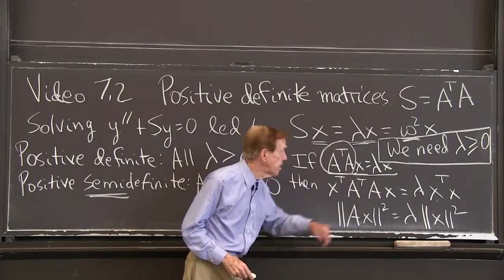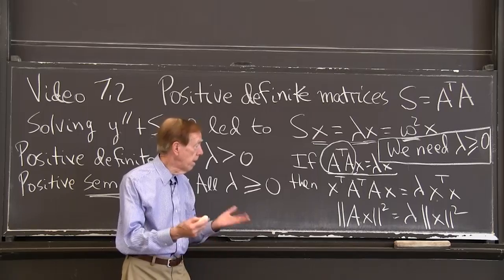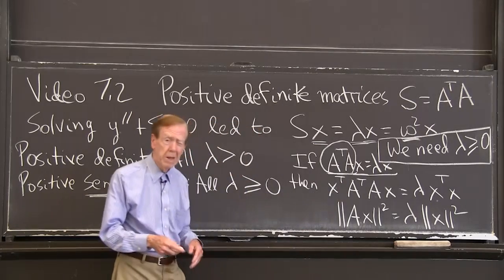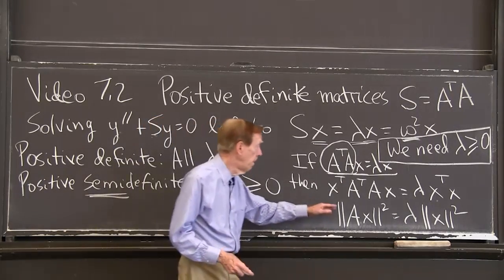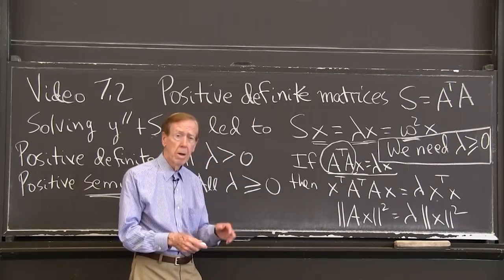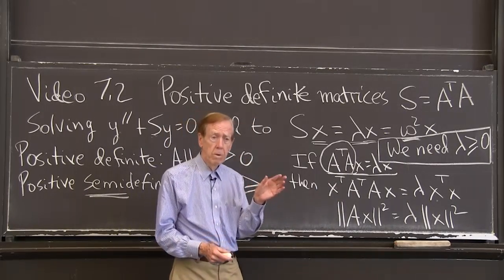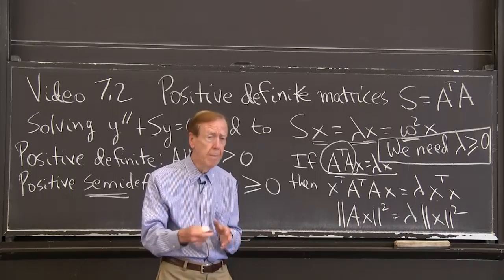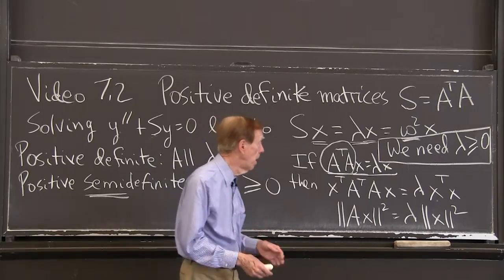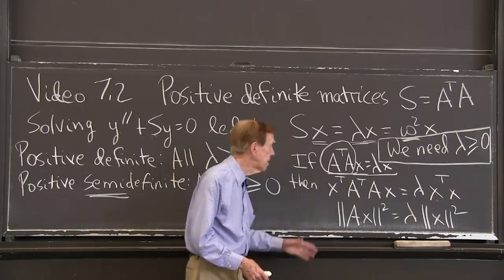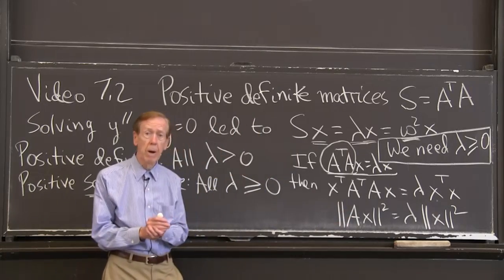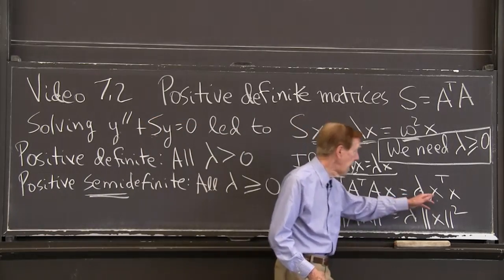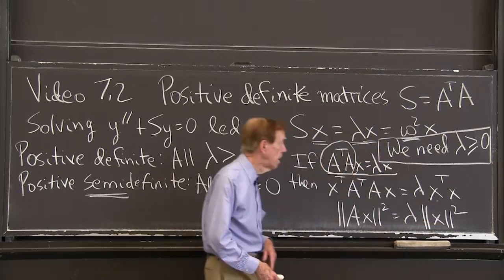That is Ax inner product with itself. That's the length of Ax squared. Anytime I have y transpose y, I'm getting the length of y squared. Here, y is Ax, so I'm getting the length of Ax squared. Over here, y is x, so I'm getting the length of x squared.